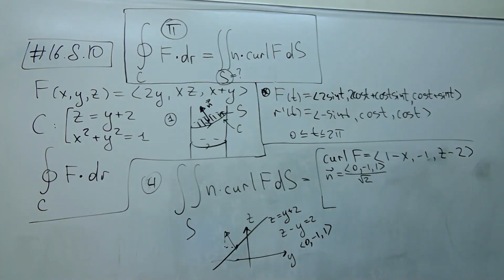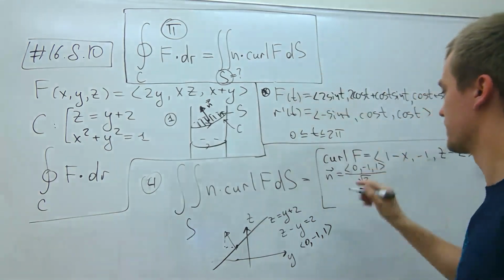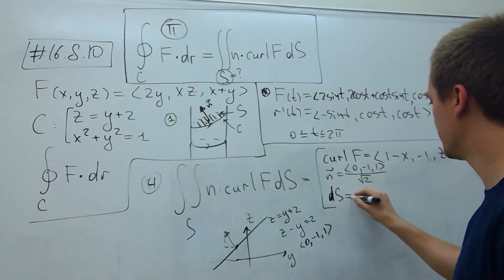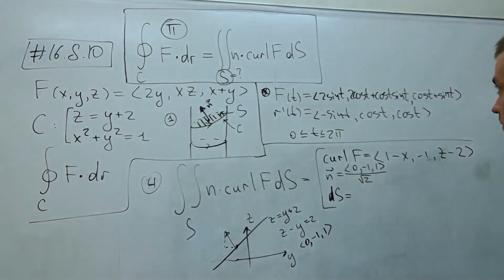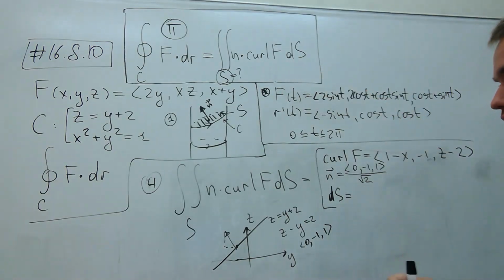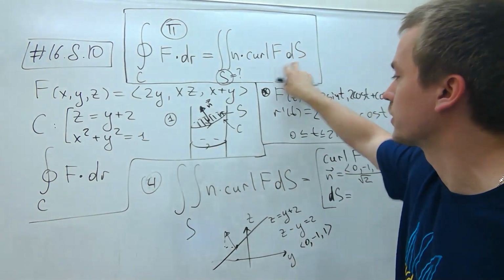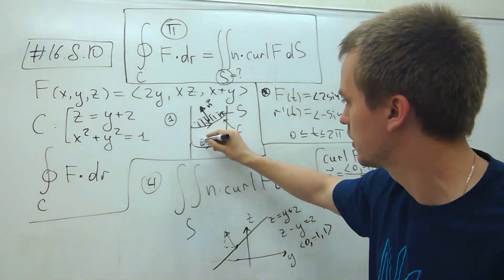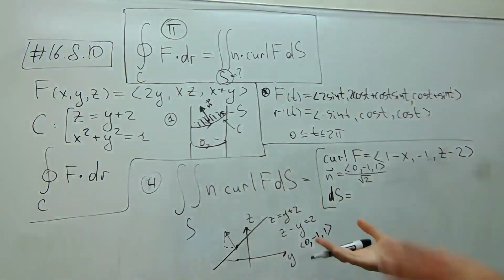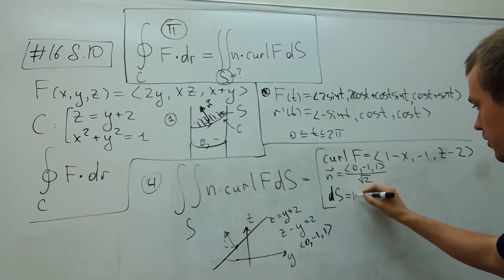And the last part. So what we did, we found our curl. We have my n, and what is dS? And dS, we know that is the surface area unit. And we want to express this unit of the surface integral as a unit of the region in the xy plane. And we have a couple of formulas. Let me just write all of them for you.